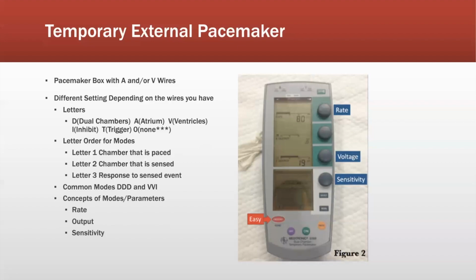Always remember that when you're adjusting sensitivity, think of sensitivity as a fence. You want to be able to view past the fence to look at the underlying rhythm, because if your sensitivity is too high, it's always opposite. So if the sensitivity voltage is high, you will not be able to see your intrinsic rhythm.